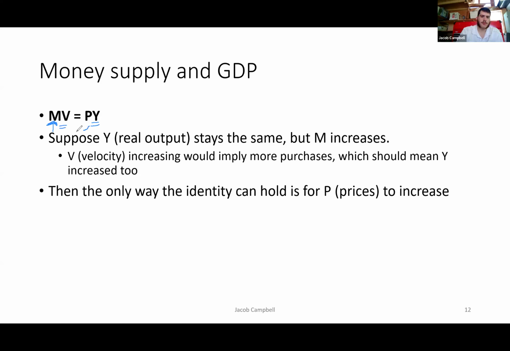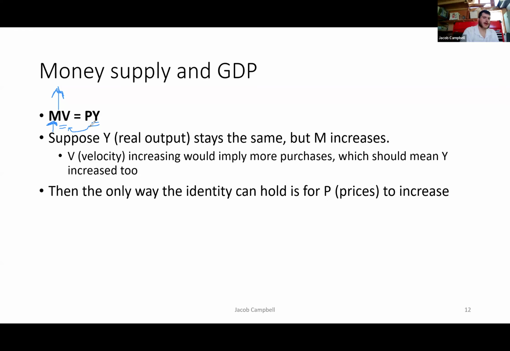So Y staying the same implies that V would also stay the same, which means that the left-hand side, the total amount of money being spent, stays or goes up.